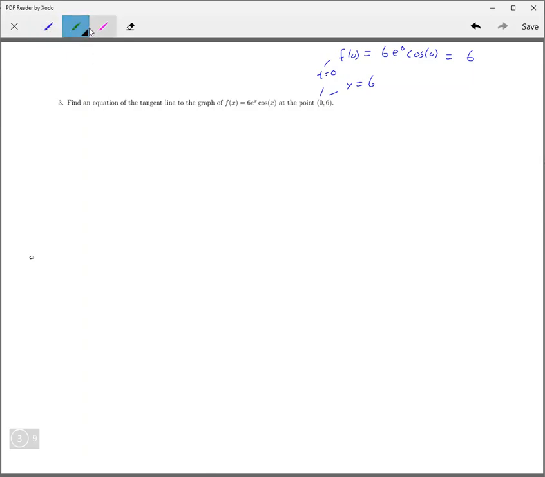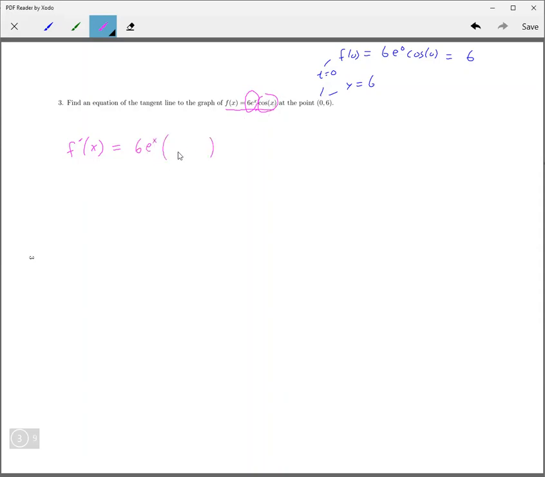Okay, now let's go ahead and find the derivative of this. It's a product. You can consider it as the product of 6 e to the x times cosine x. So it's the first one times the derivative of the second one.